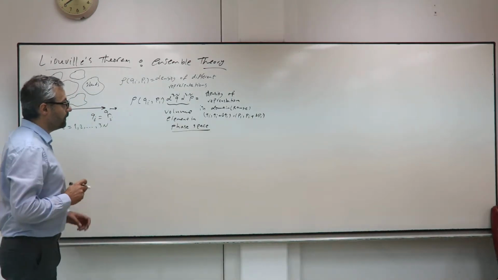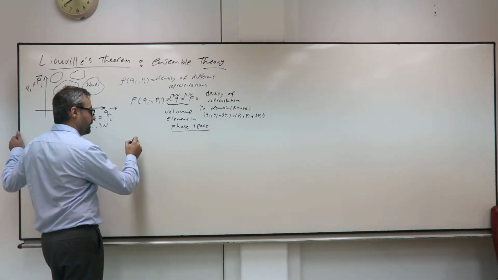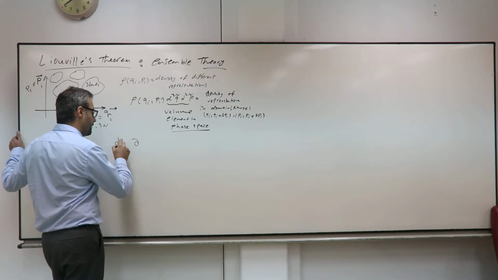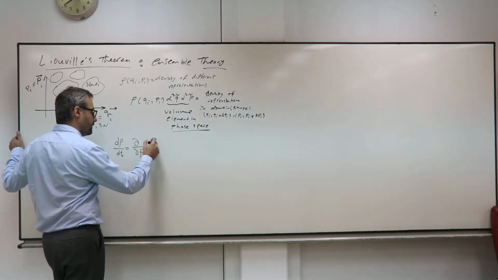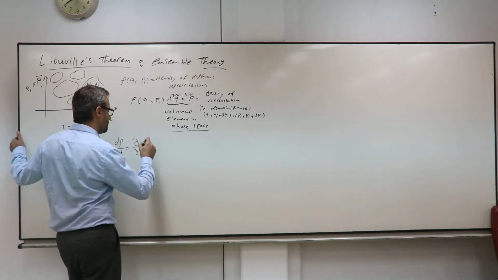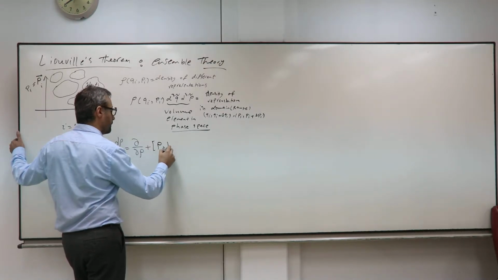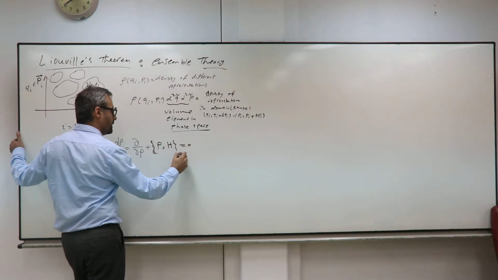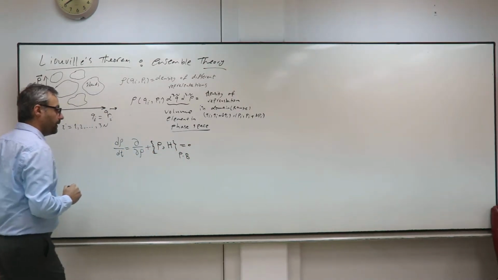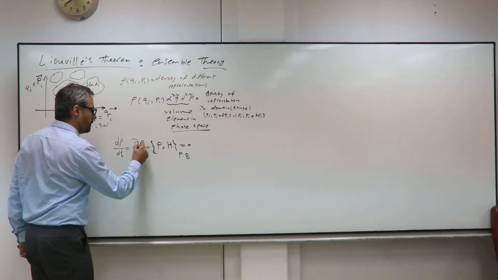So the Liouville theorem statement is that the total derivative of rho, which is given by that, is equal to zero.